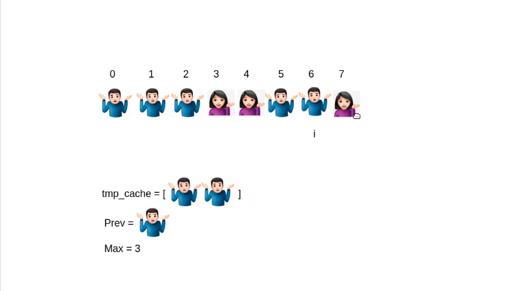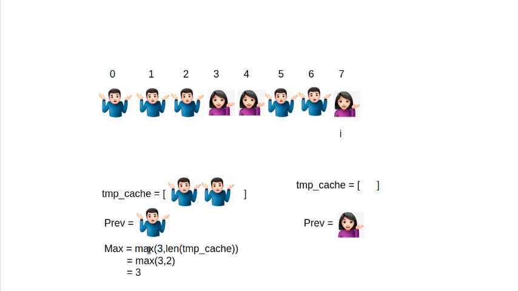So what we do here, as we did on index 3. So we check the max, we have a 3 at the beginning. Now we compare the length of the temporary cache, we just have a 2, so the max would still be 3, not 2, sorry, it's going to be 3. So we clear the cache and then we have a prev as the female.